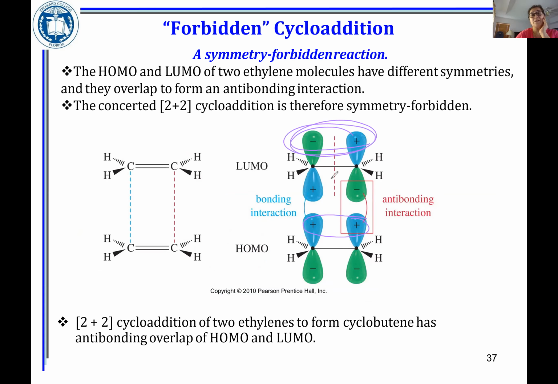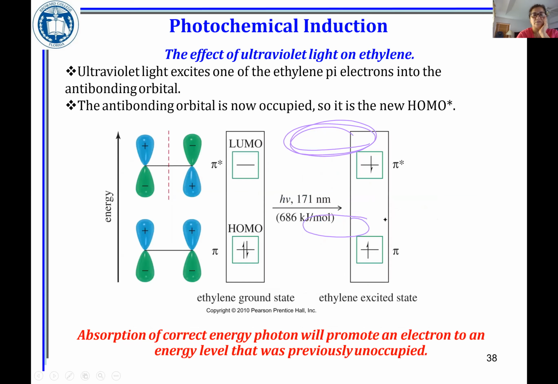And when you have more than one pi bond forming, then you get the combination of how many constructive and how many destructive. So you have the highest occupied molecular orbital, HOMO, and the lowest unoccupied molecular orbital, LUMO.